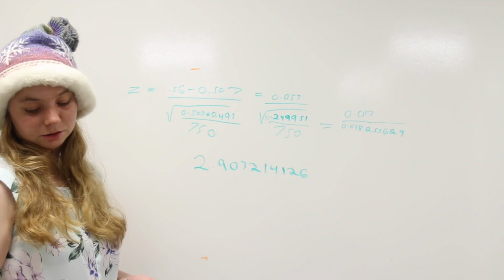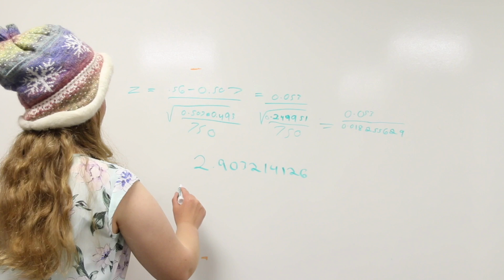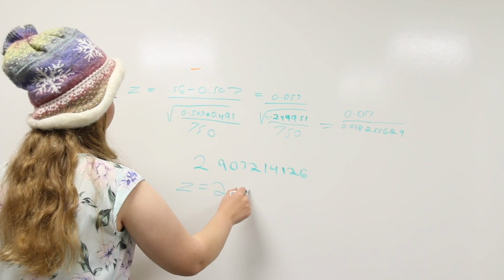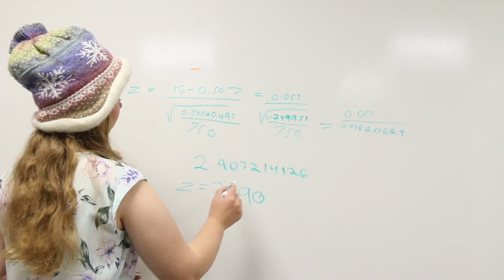And we're going to round to 2 decimal places. So z equals 2.90.